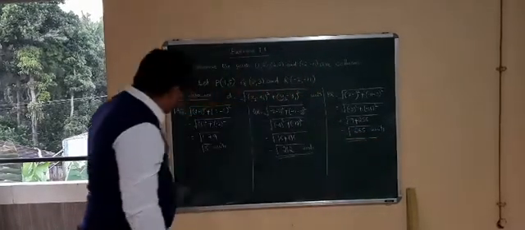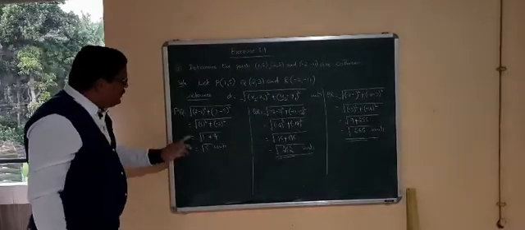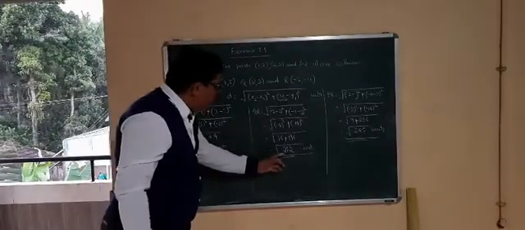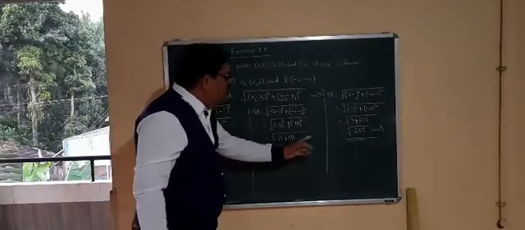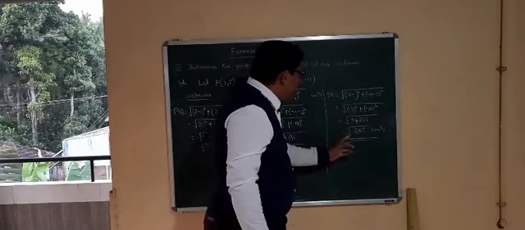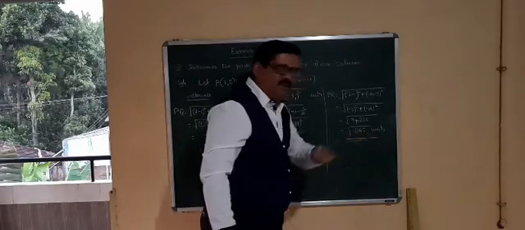So, the distance between P and Q is root 5 units. The distance between Q and R, QR, is root 212 units. The distance between P and R, that is PR, is square root of 265 units.